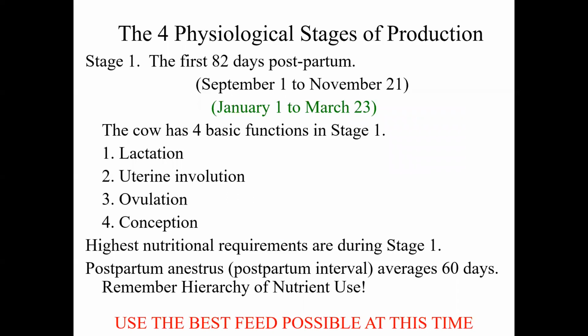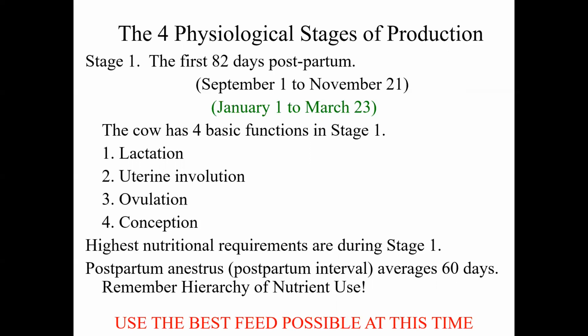This cow has 4 basic functions in stage 1: lactation, uterine involution, ovulation, and conception. This is the period of the highest nutritional requirements of that animal, and postpartum anestrus averages 60 days. Remember that hierarchy of nutrient use: maintenance, development, growth, lactation, reproduction, and fattening.